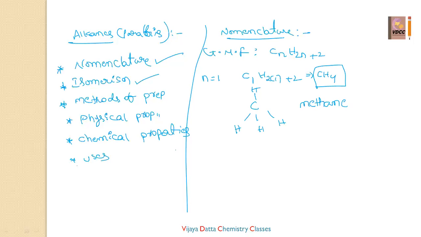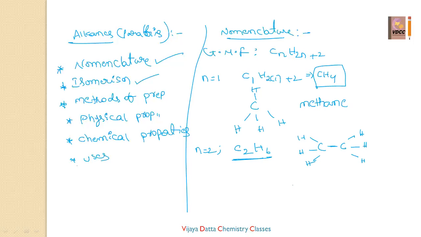When n equals 2, the molecular formula will be C2H(2 into 2 plus 2), that is C2H6. How to write this compound? 2 carbons and 3 hydrogens on each. As this is the alkane formula, all are single bonds only. So this is the structure: hydrogen, hydrogen, hydrogen here, and also hydrogen, hydrogen, hydrogen here.